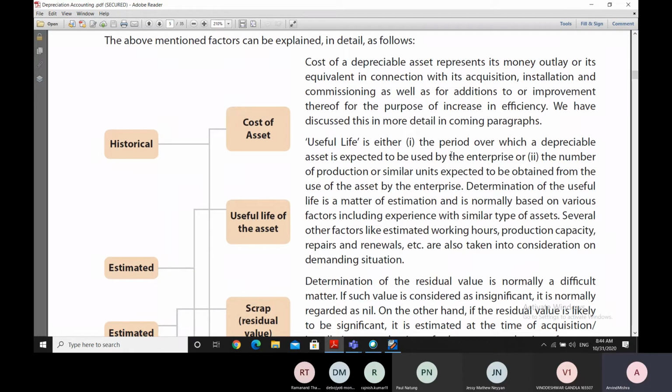Then how do we determine the useful life? It is a matter of estimation, and we normally estimate it on the basis of various factors, including our own experience with similar types of assets.